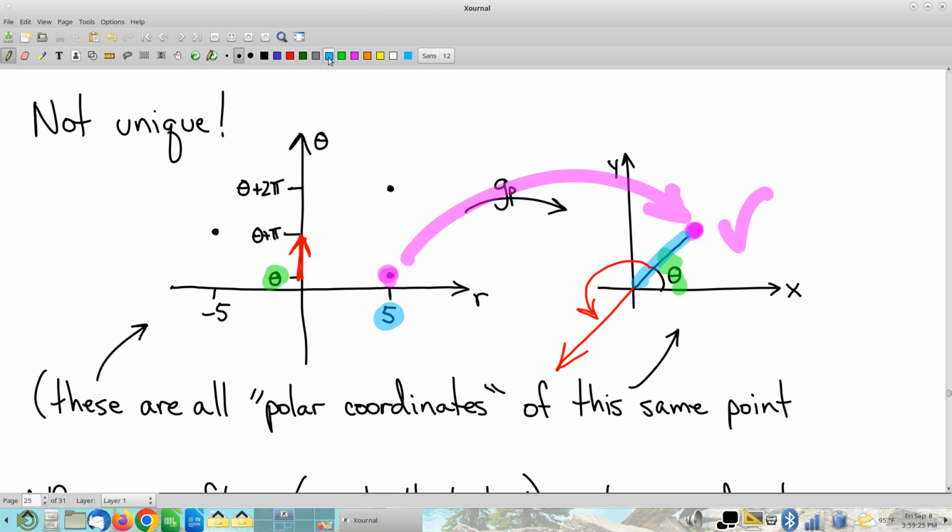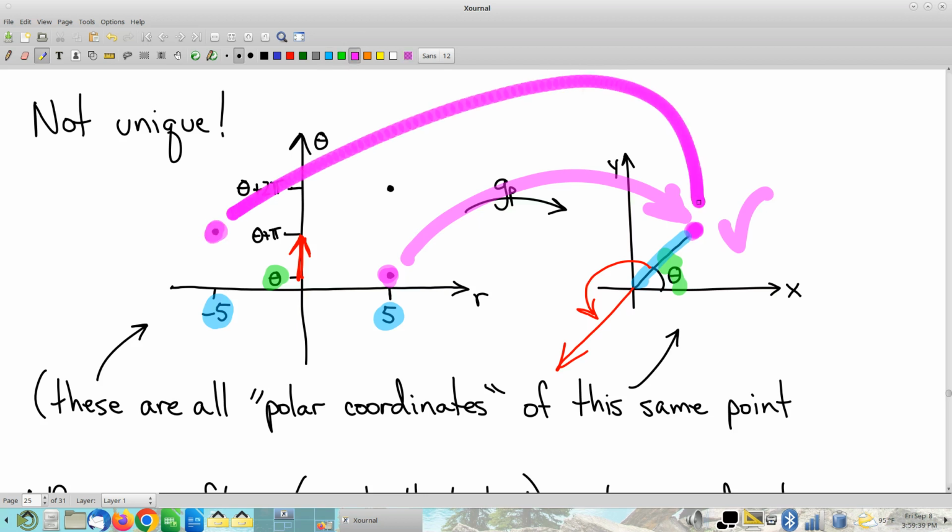So I'll let r be negative 5. Then this point also just as well gives you the exact same x and y. And so said differently, this is a whole other alternative polar coordinates for the exact same point.